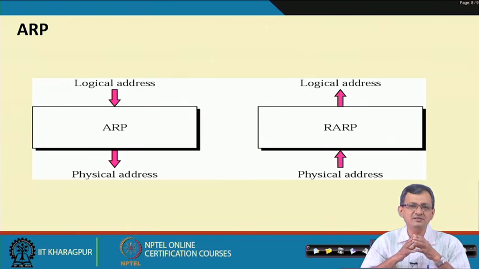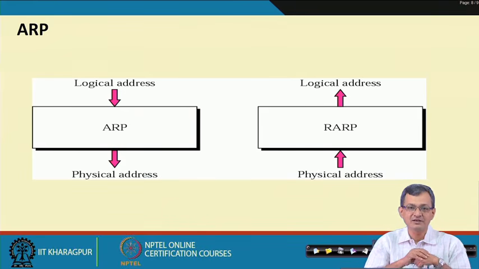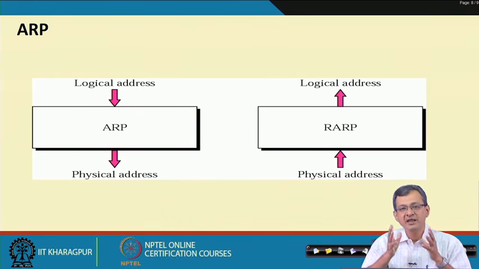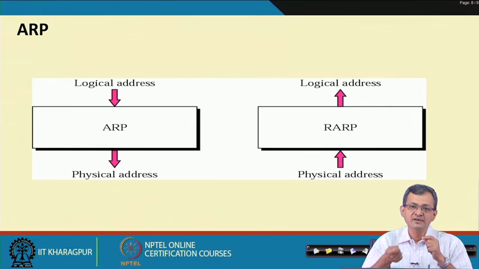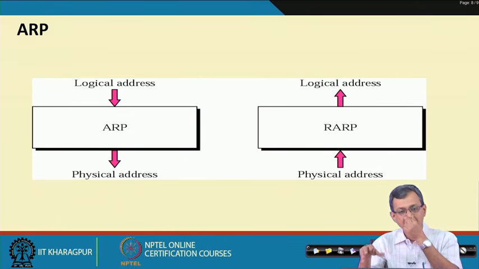Either I ask the system administrator to give me the IP address, or I request somewhere, like a RARP server, saying this is my physical address, give me a logical address for this network, and then I configure it, right. This is especially true for dumb terminals which do not have their own configuration saved.